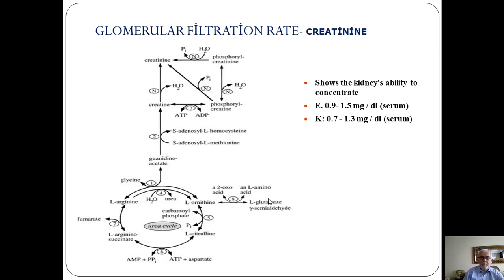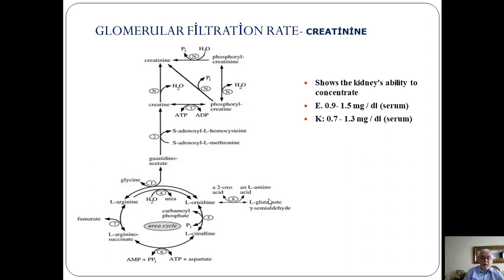The creatinine molecule can be accepted as a waste product because it is produced from the amino acids arginine and glycine. Also, we need S-adenosylmethionine to produce creatine. Creatine later turns to phosphocreatine, one of the most important energetic molecules in our body, especially in the muscle, for using energy sources.